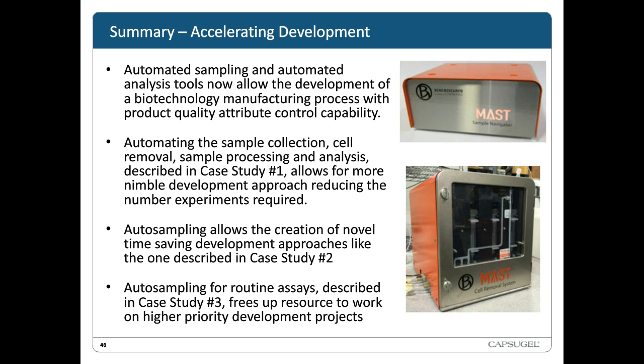Whereas before you might have designed a large number of experiments to crank through a bunch of variables, now you can create different approaches. Like in case study 1, for example, they are using the system to collect the samples, but also to do the automatic protein A and amino acid preparation. Just in that part alone, saving significant time and also creating a more reproducible manufacturing process.